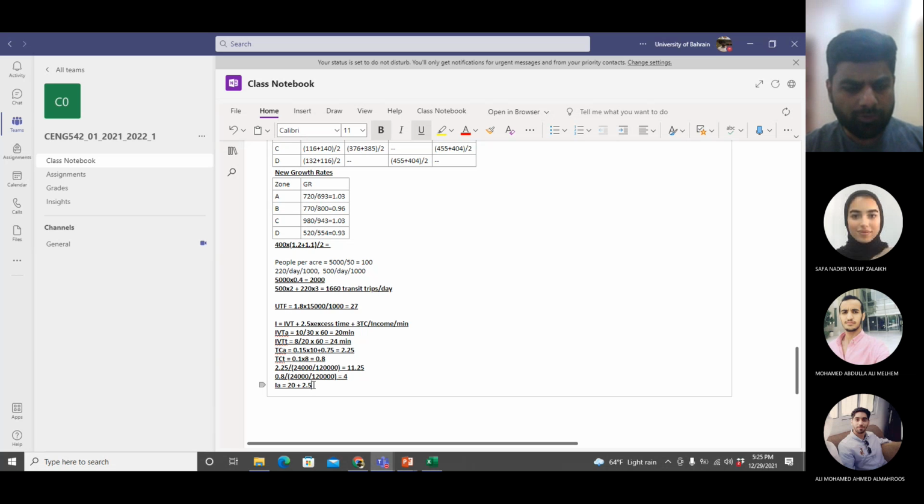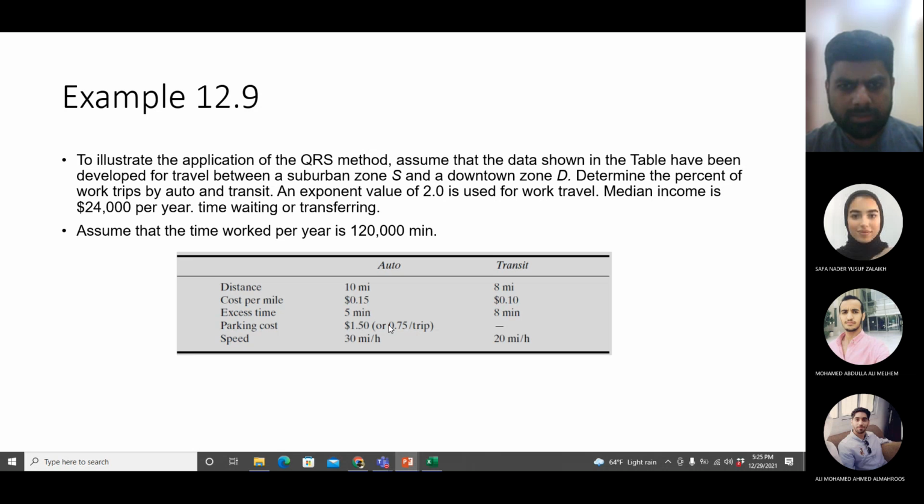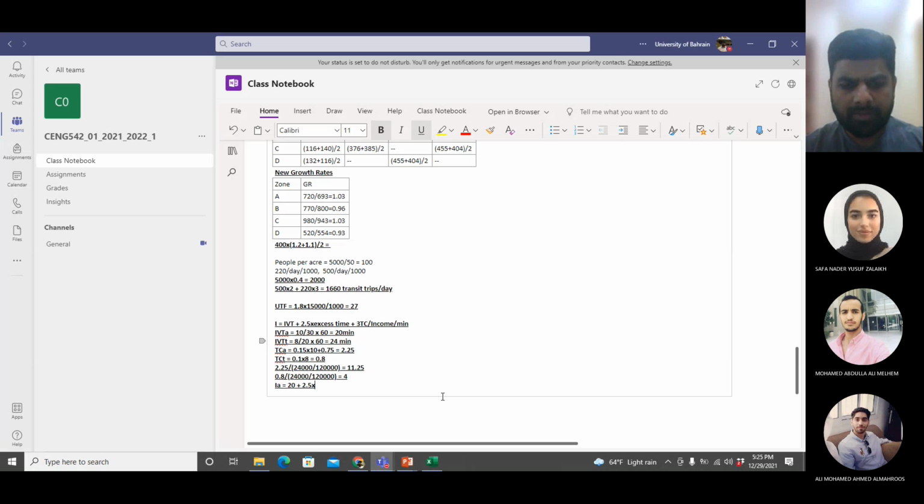Okay, then the I value for automobile is the in-vehicle time 20 plus access time, given as 5 minutes, plus 3 into the cost which you have calculated, 11.25. And the I value for transit will be 24 plus 2.5 into 8, plus 3 into 4.